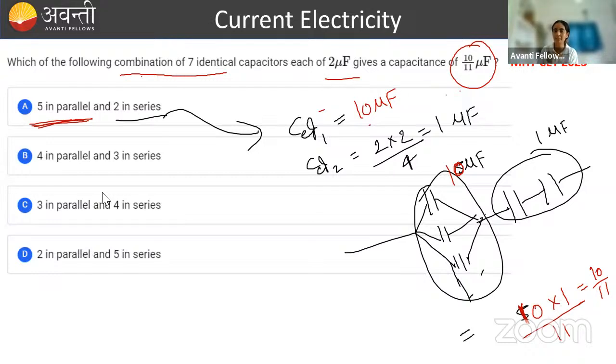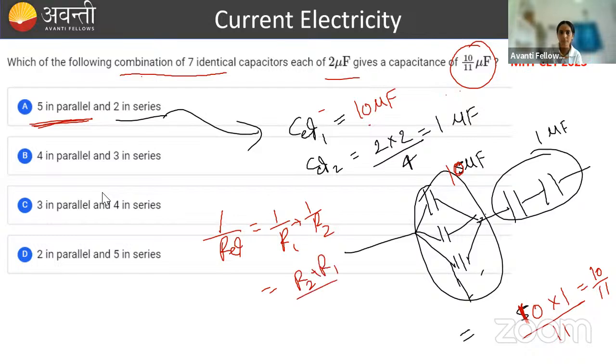And when capacitors are in series, we add them like in parallel. How did we add resistors in parallel? 1 by R1 plus 1 by R2, which I wrote in short. So this becomes R2 plus R1 divided by R1 R2. So R equivalent is the multiplication of both divided by the addition of both. Done it? So I hope it is clear.